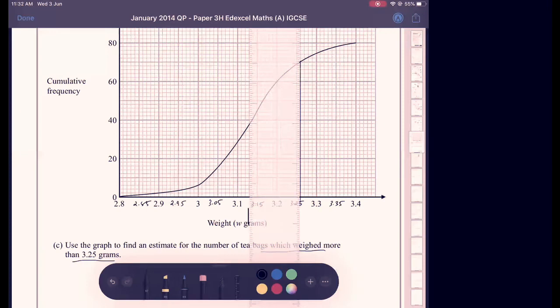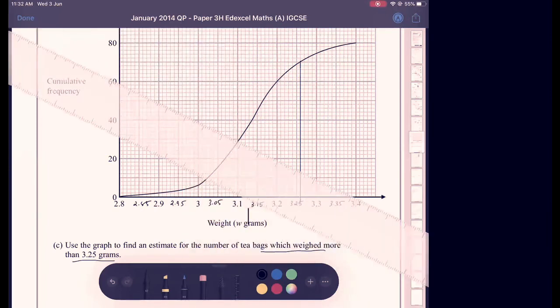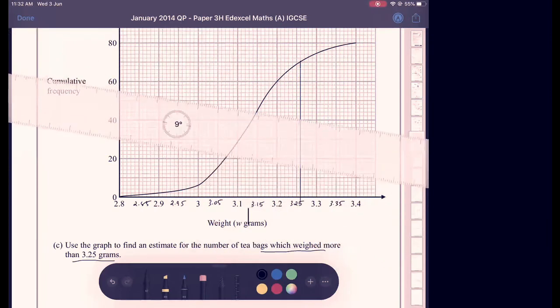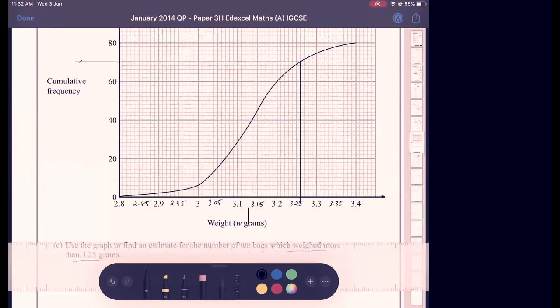Then the corresponding value is this. So what is that answer? That is halfway between 60 and 80, so this is 70.